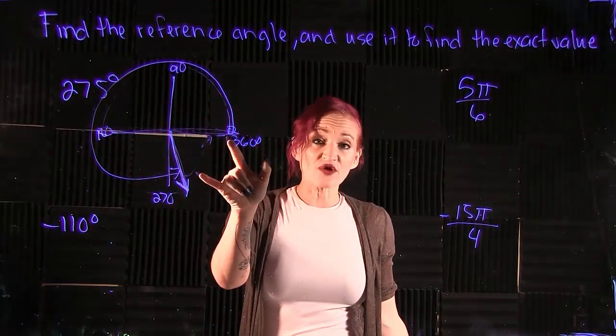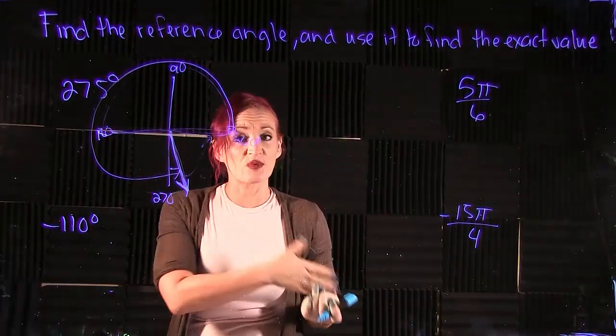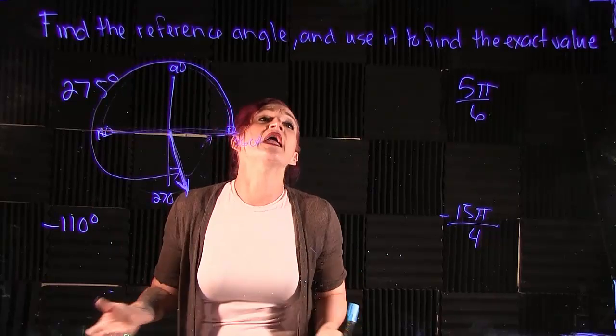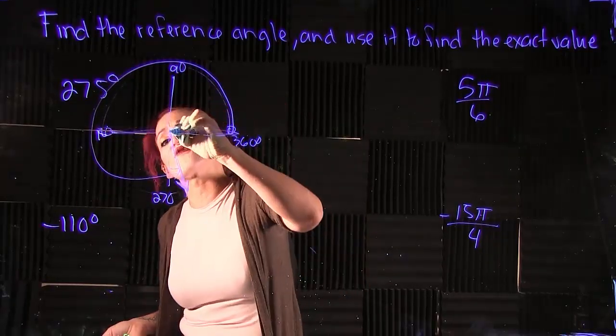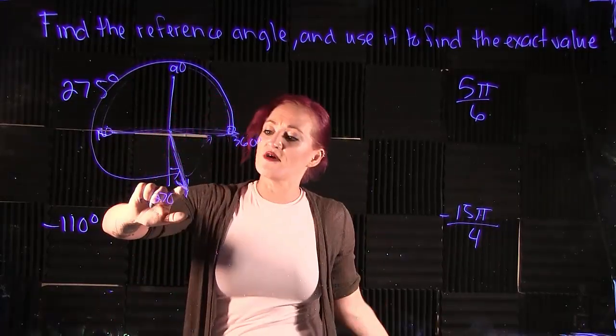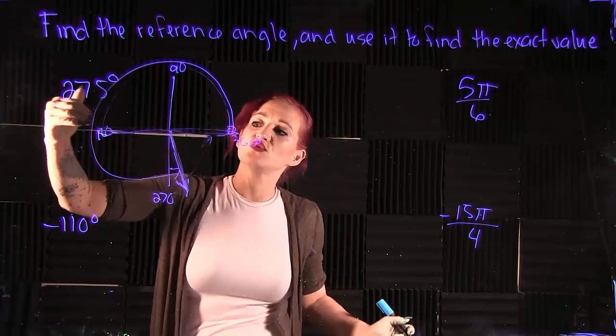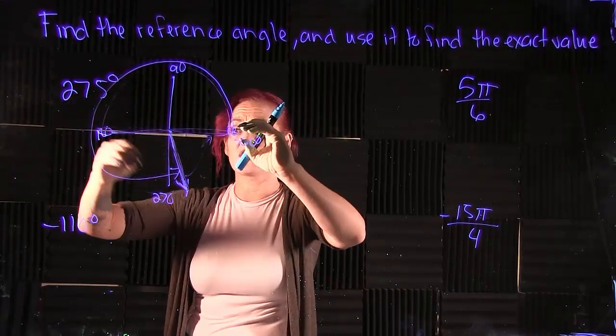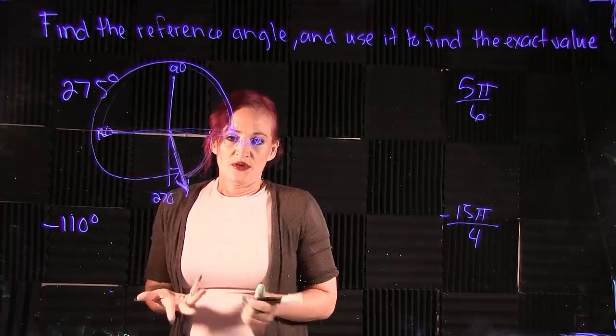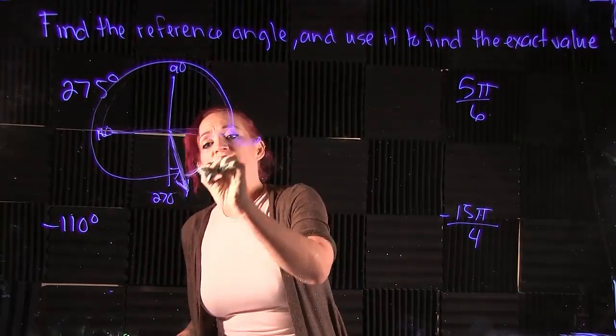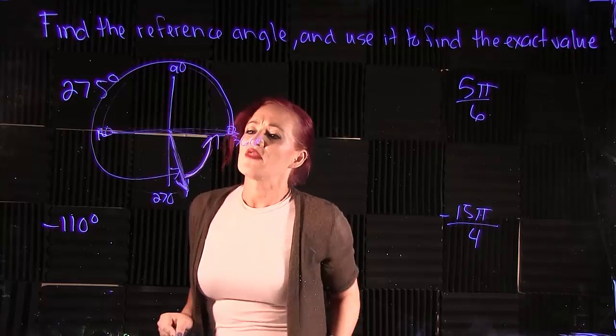This side is a smaller angle, so that's what we want to use. The reference angle is the shorter angle from the terminal side of the angle up to your straight angle, so either the 0 or the 180. So our reference angle is going to be this angle right over here.